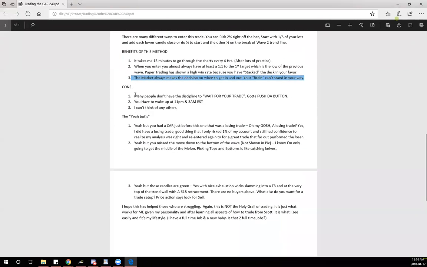Look, the cons. Many people don't have the discipline to wait for the trade. They got to push the button. Push, push, push. Click, click, click. I need to make a trade. I need to make money.